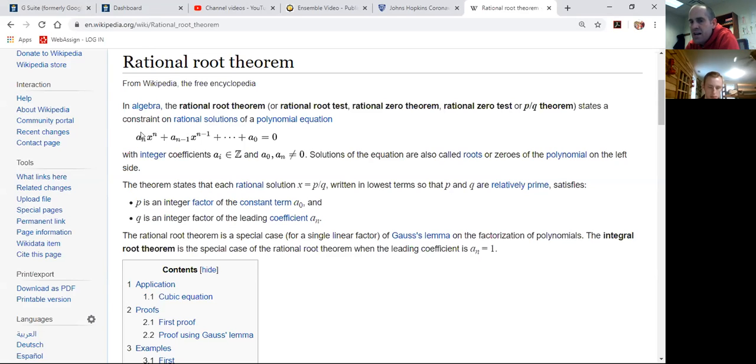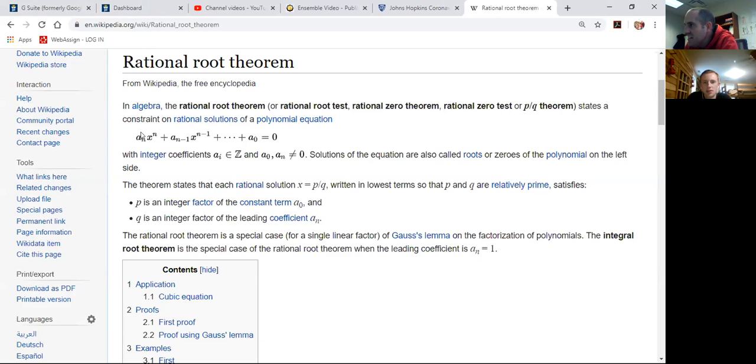That usually whittles down the possible roots to something you can handle. For instance, if a0, the constant term, is 1, the only integer divisors of 1 are plus or minus 1.